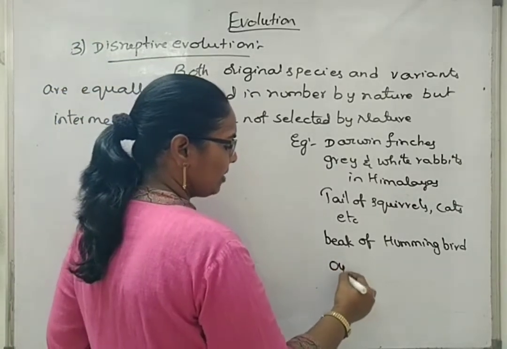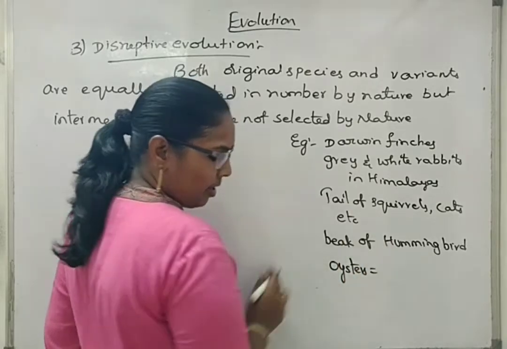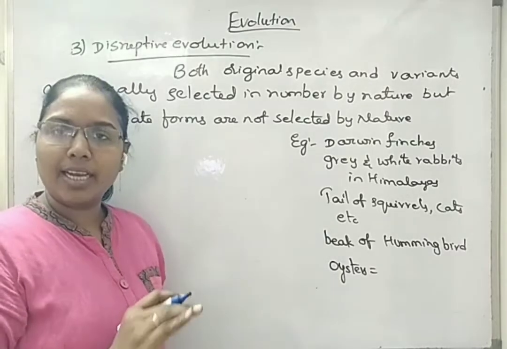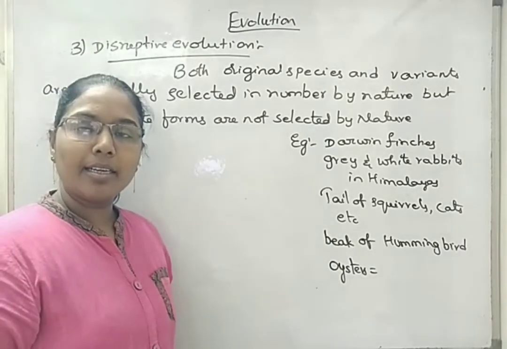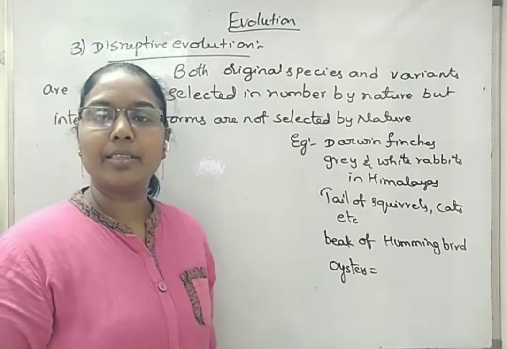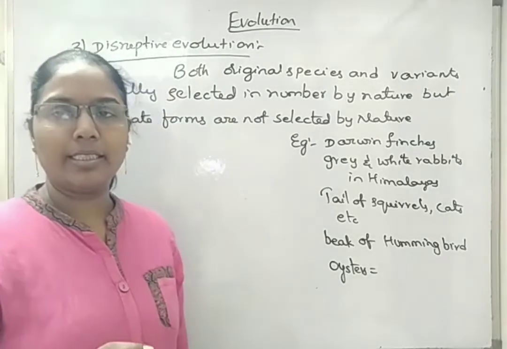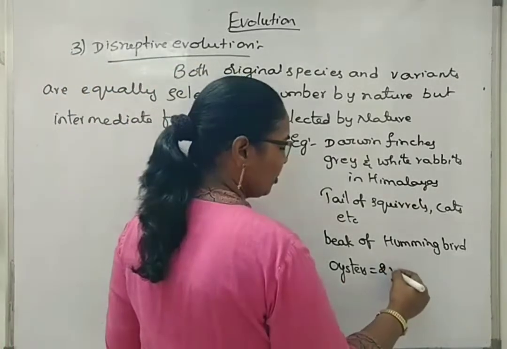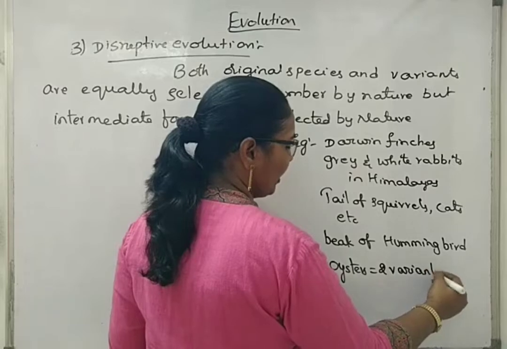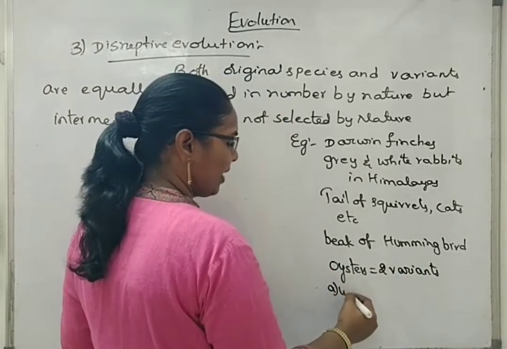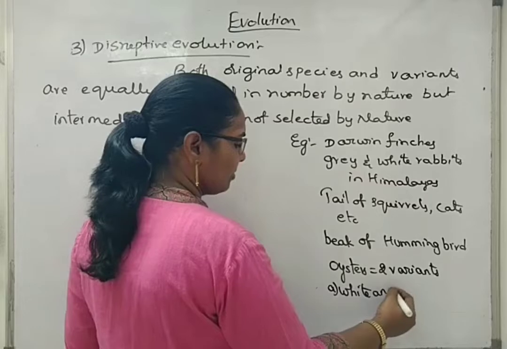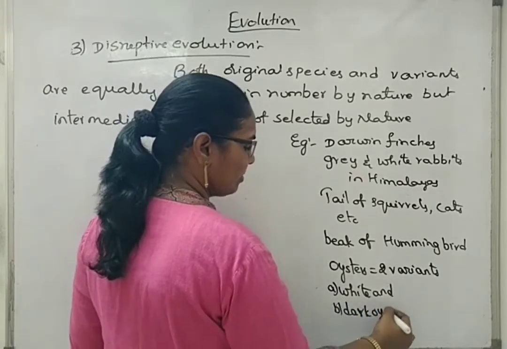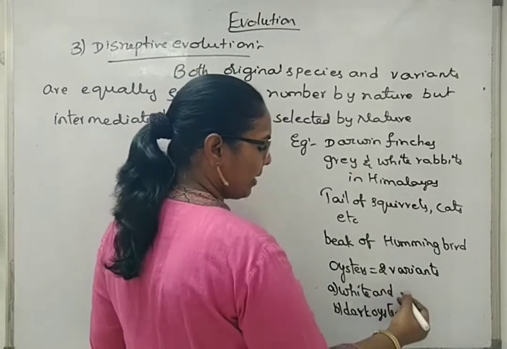Another example is oysters. Light colored oysters used to get blended with the color of the rock, and dark colored oysters used to get blended with the shadows that are seen in the oceans or seas. So here two variants, white and dark oysters, are selected by nature.